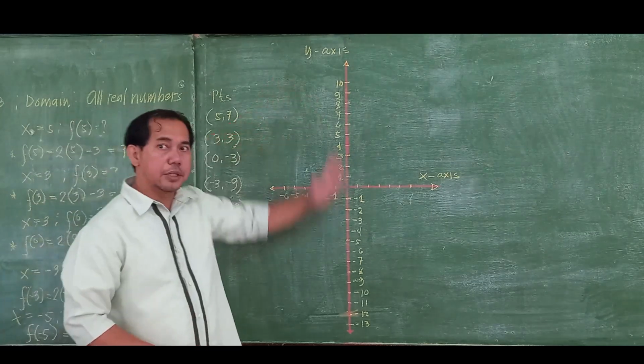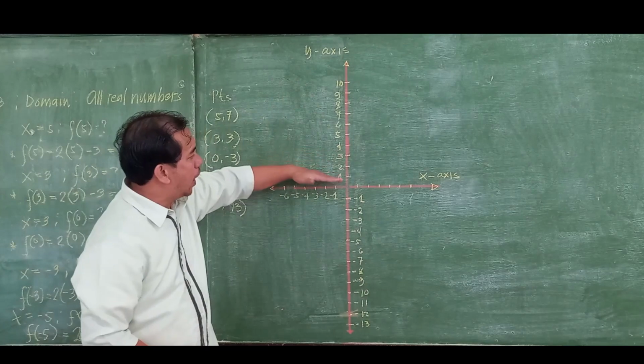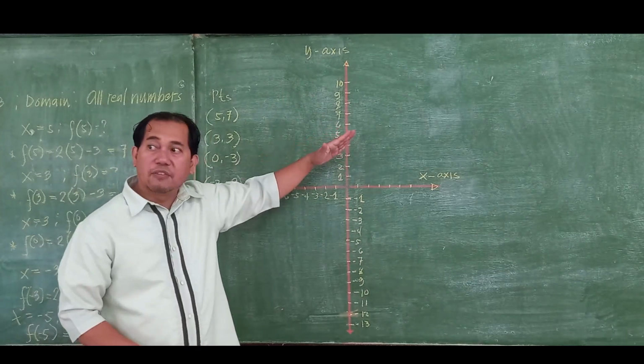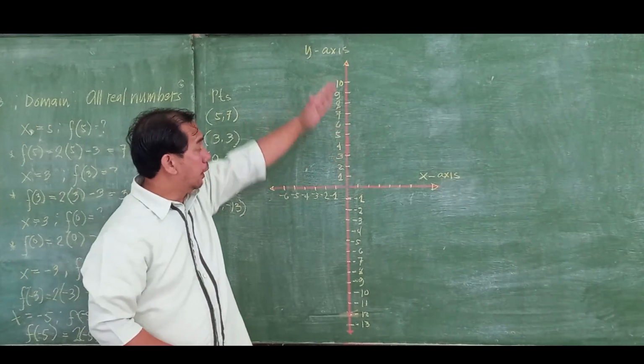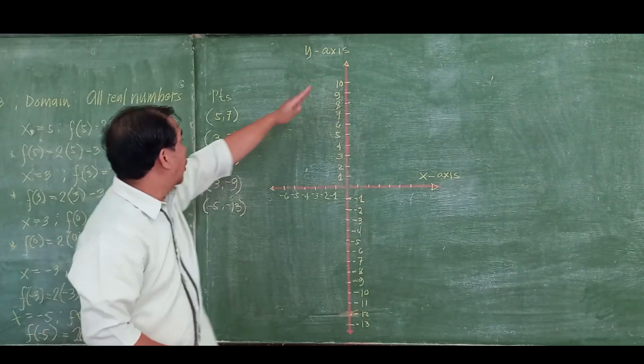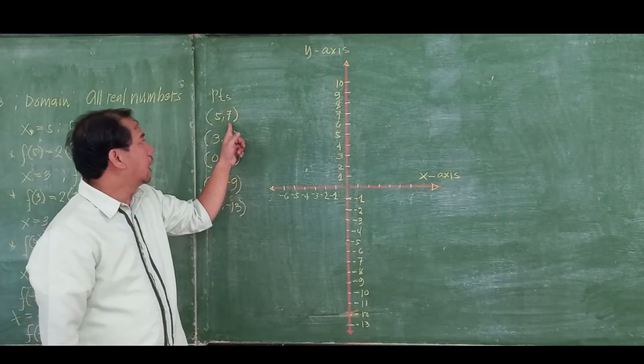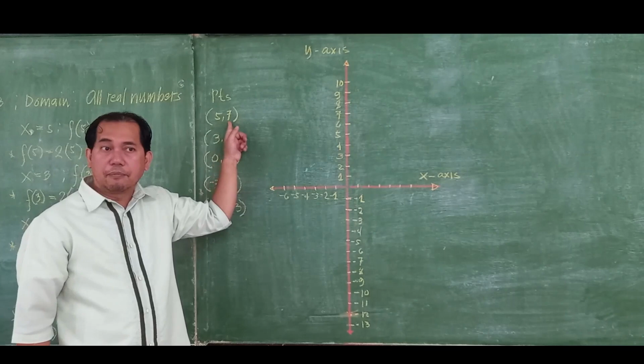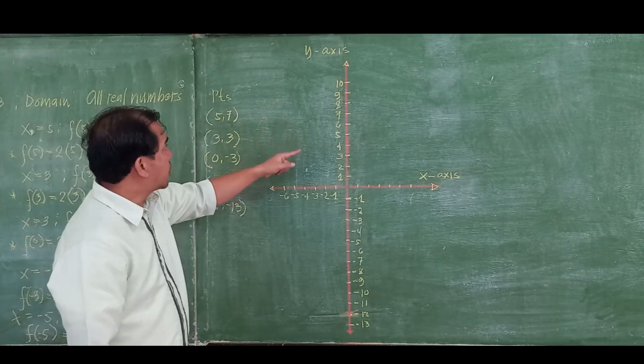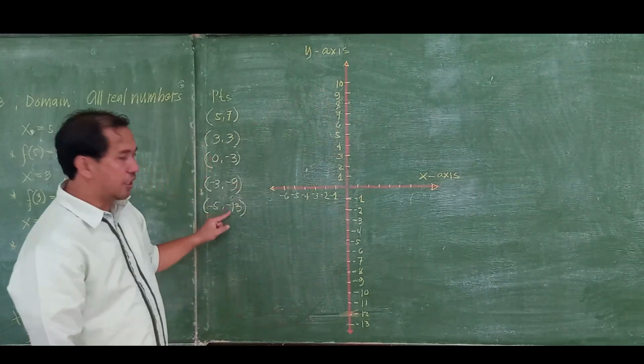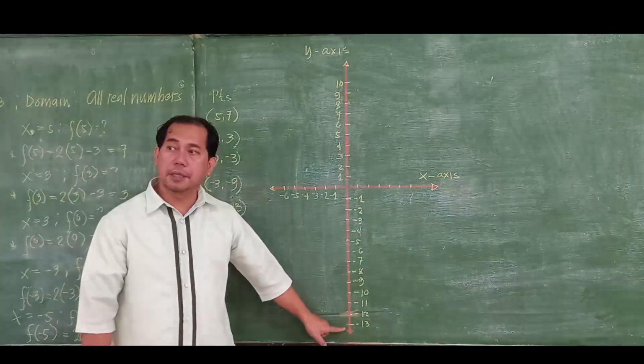When we plot them, we do them one by one. We have here the Cartesian plane. It is calibrated 1, 2, 3, an interval of 1 unit until 10 because our highest y is 7. Our lowest y is negative 13.